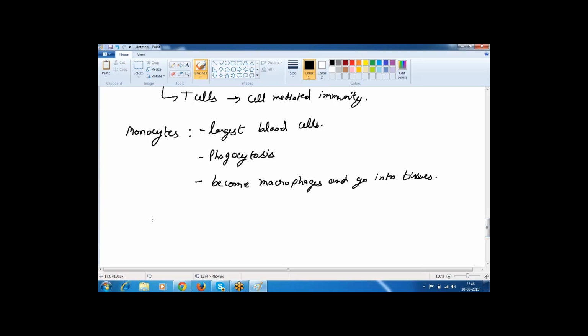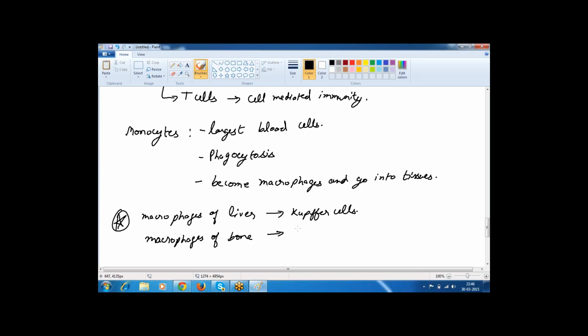Various macrophages have got various names. For example, macrophages of liver, these are all exam questions. Macrophages of liver, they are called Kupffer cells. Macrophages of bone, these are called osteoclast.